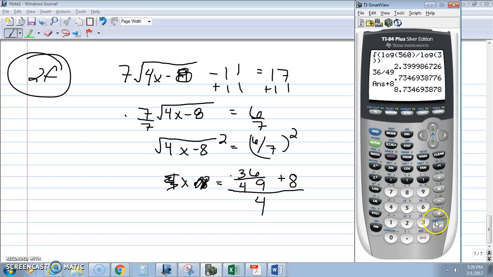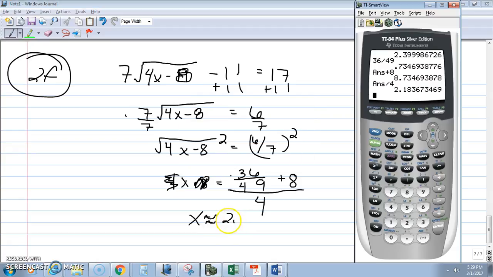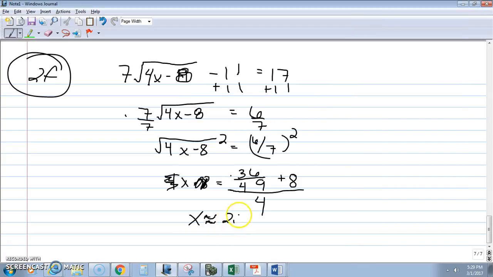And then that whole answer divided by 4. X equals approximately 2.184. Okay. Cool, done solving equations.